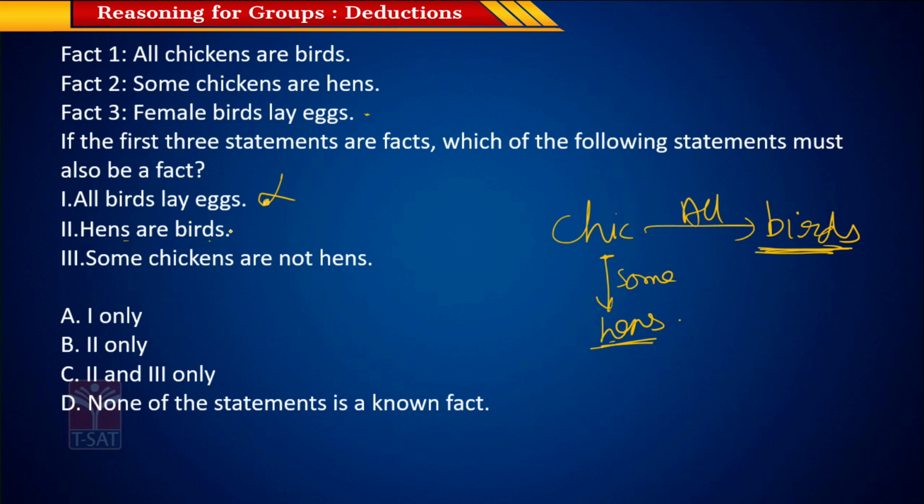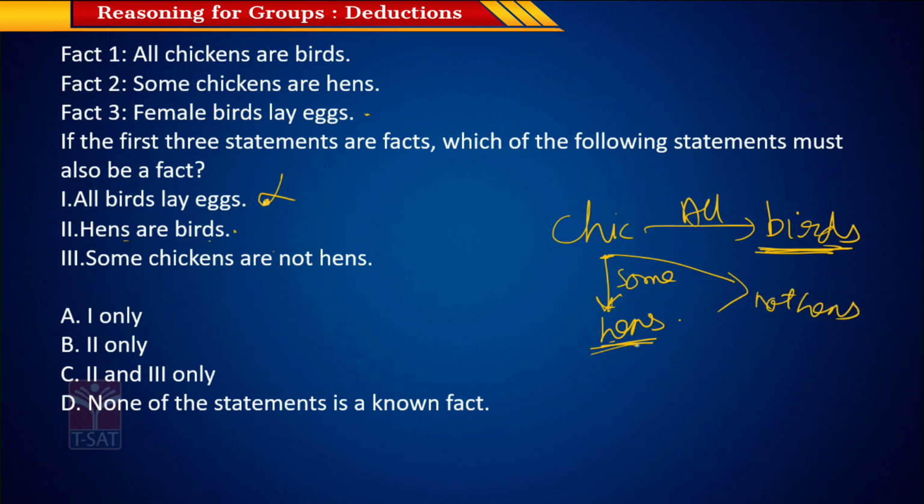So 2 is a logical conclusion and it is a fact based on the first 3 statements. Now statement 3 says some chickens are not hens. When you're saying some chickens are hens, then you're obviously saying that the rest of them are not hens, right?